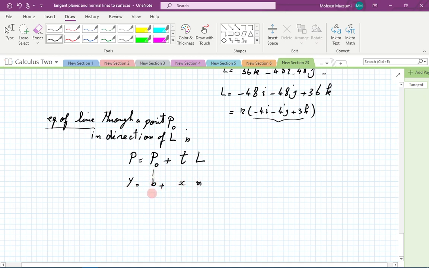This is like a starting point. This is the indication of the slope that you are going, and this is the multiple of that slope, the rise that you're taking. So in a higher dimension, instead of just being a y, P is x, y, and z, all of them. Instead of b, your y-intercept, in this case it's just some starting point. Our starting point was 3, 3, 4.